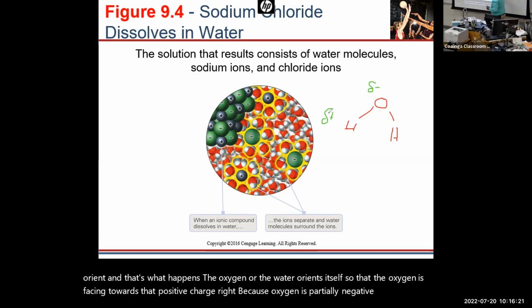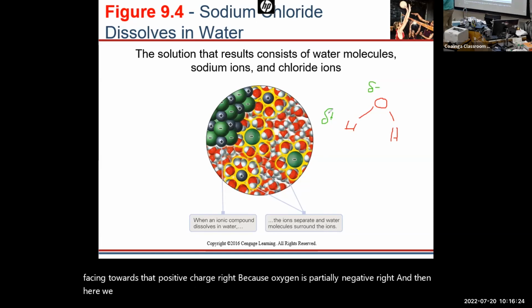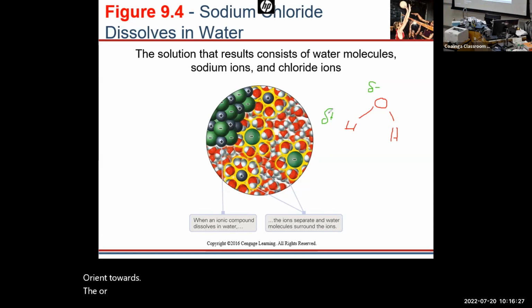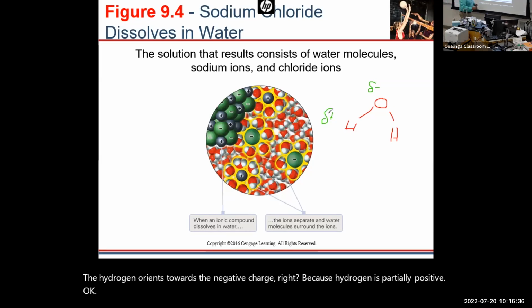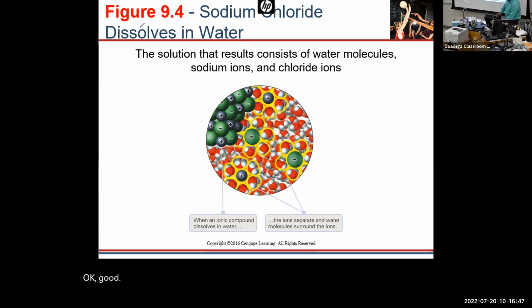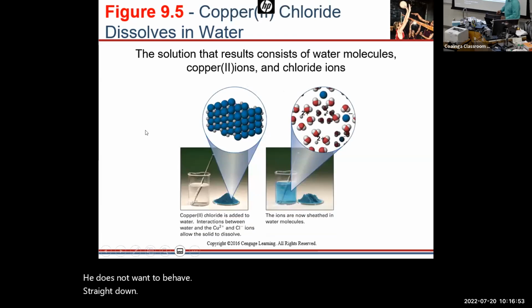And then the hydrogen orients towards the negative charge, because hydrogen is partially positive, okay?